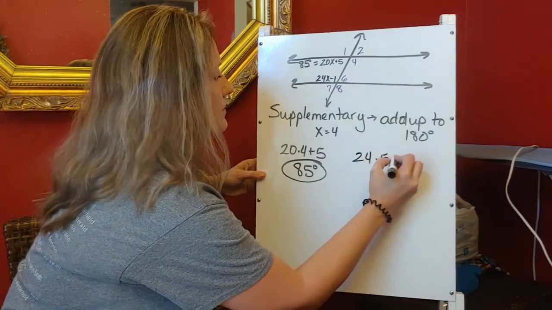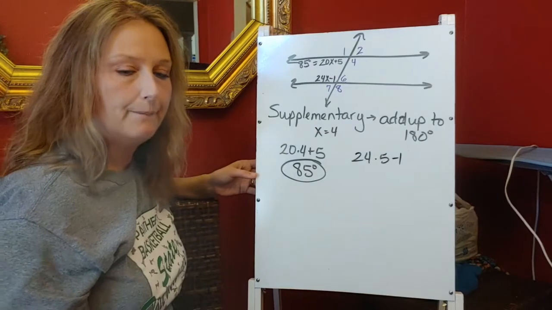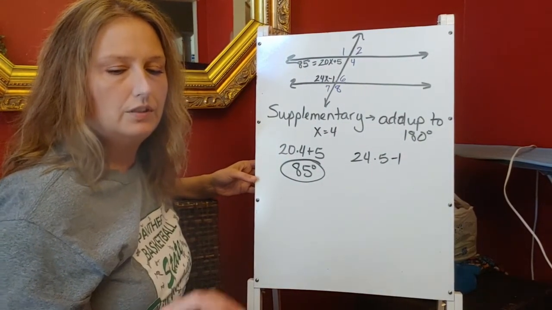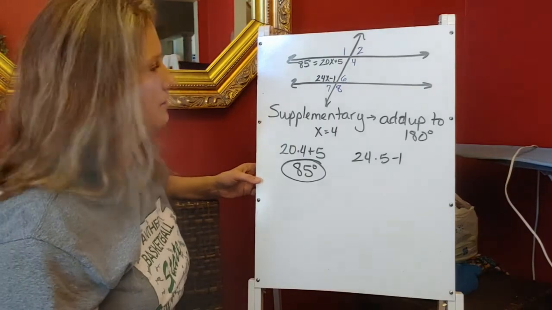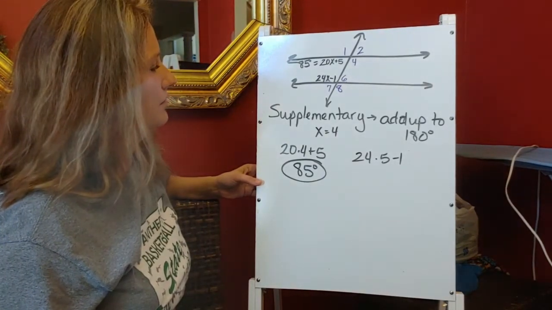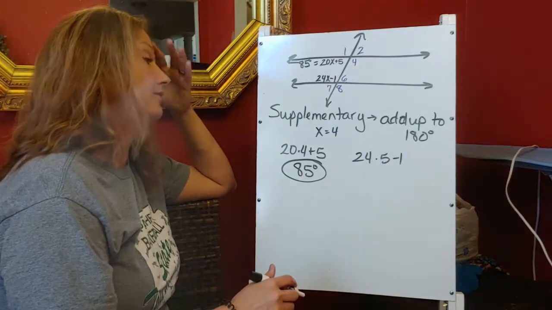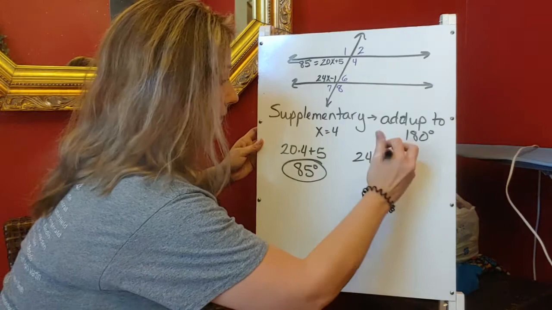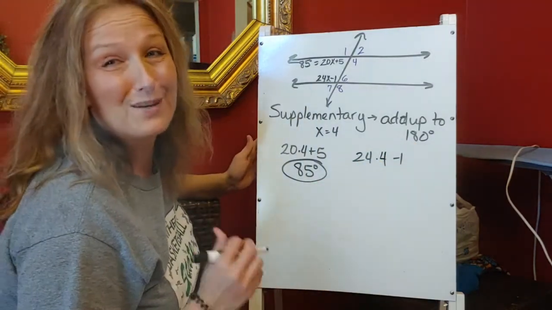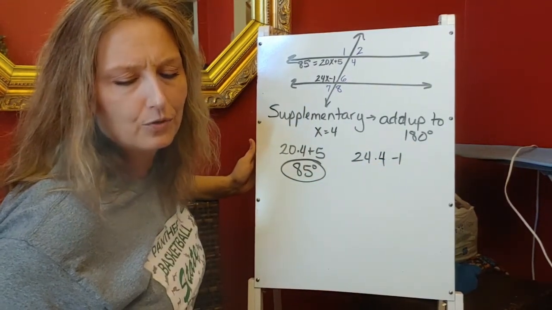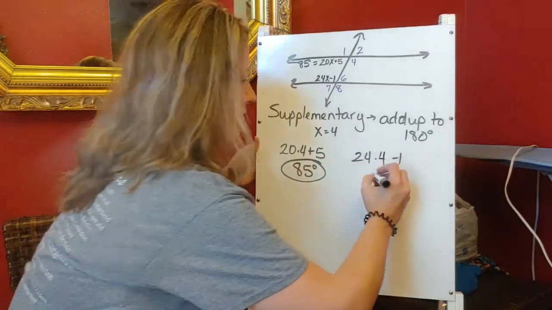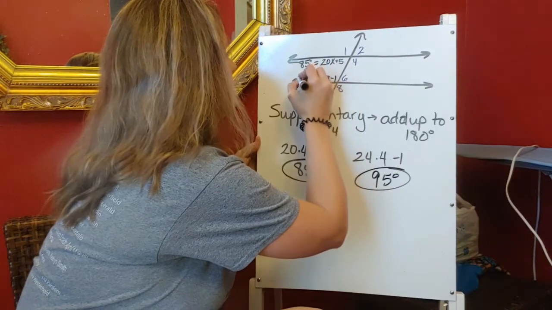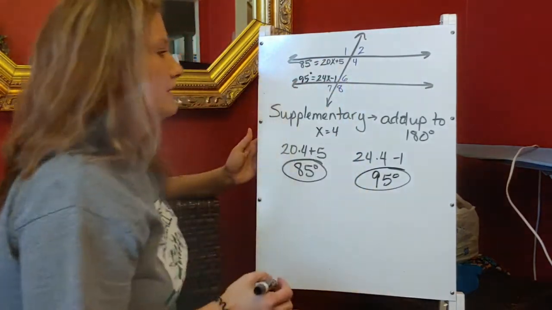Now 24 times 4 minus 1. 24 times 4 minus 1 is 95. Okay, so this one is 95 degrees.